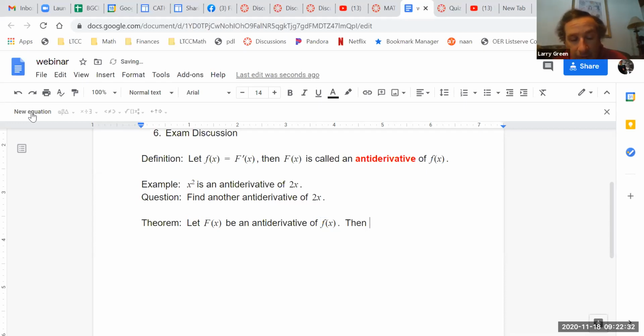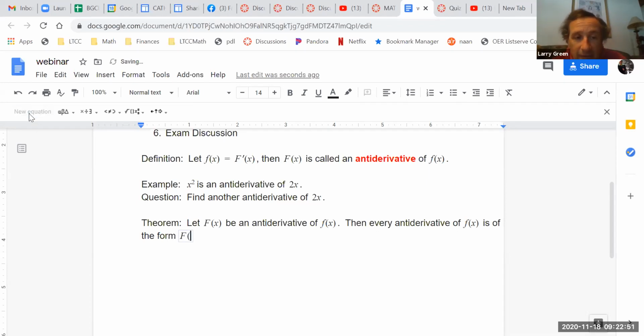Then every antiderivative of lowercase f of x is of the form capital F of x, and the standard letter everyone in the world uses is plus capital C, where C is a constant.